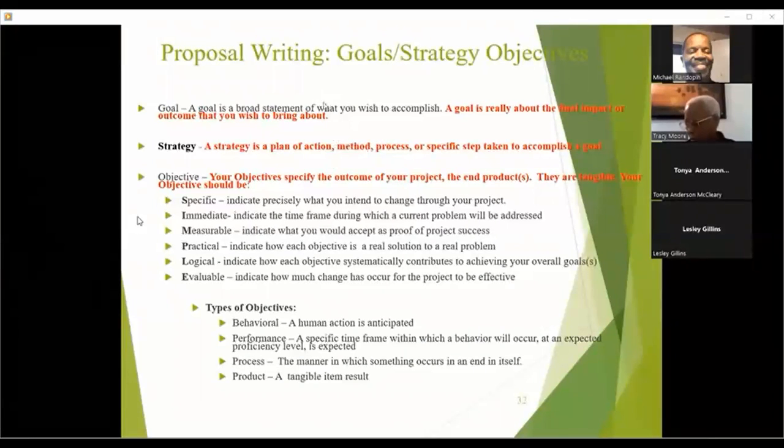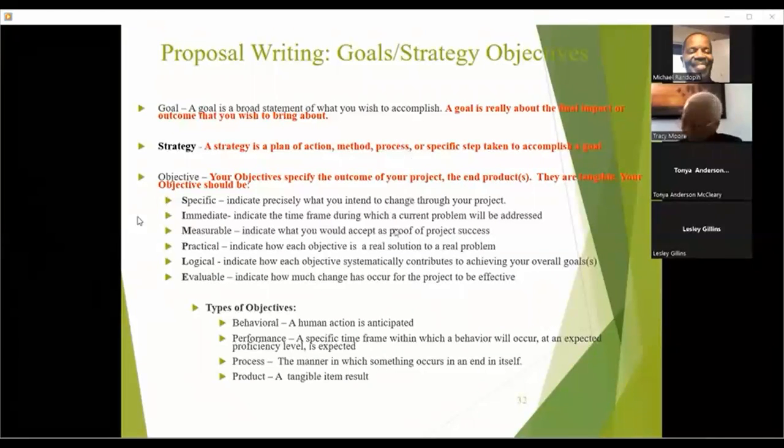If her goal is to reduce teenage pregnancy, her strategy might be to connect with schools, to connect with churches, to connect with youth groups, to connect with that particular demographic in terms of getting their attention on how to solve that particular problem. So your strategy is, how do you plan to do it? You can't do it on your own.